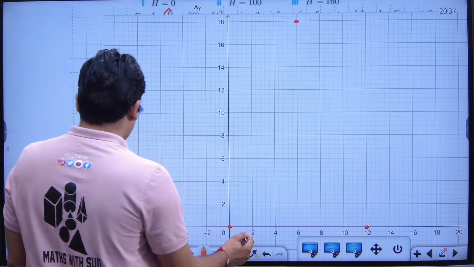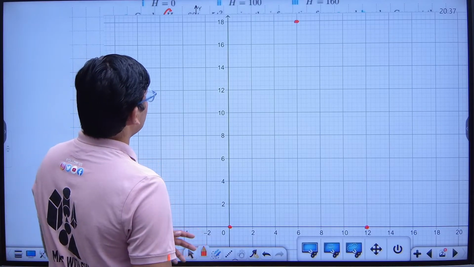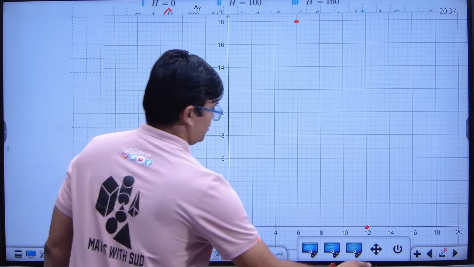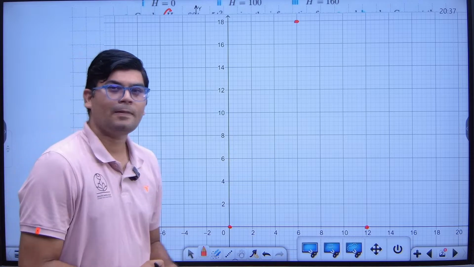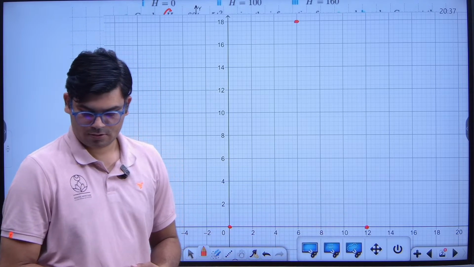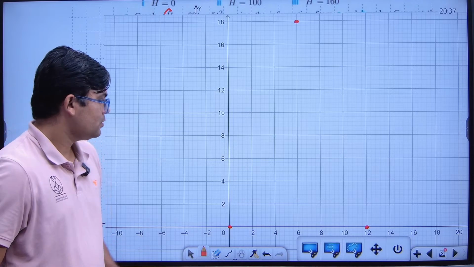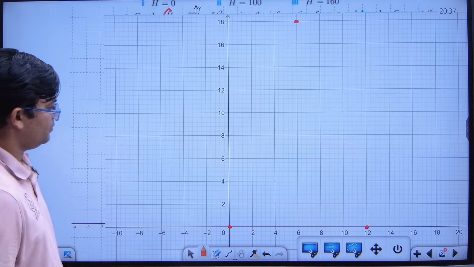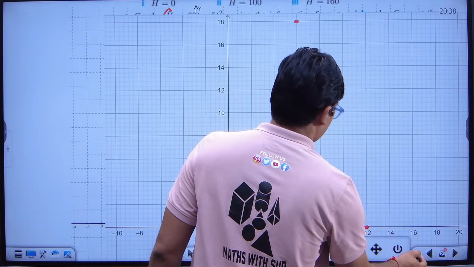When t was equal to 2, can you tell me the value? Do you have any value for that? No, sir, that wasn't in the question. Do you have any value for 3? When time was 3, I think so. Let me check. No, sorry, I do not have it. Okay, let me find out.